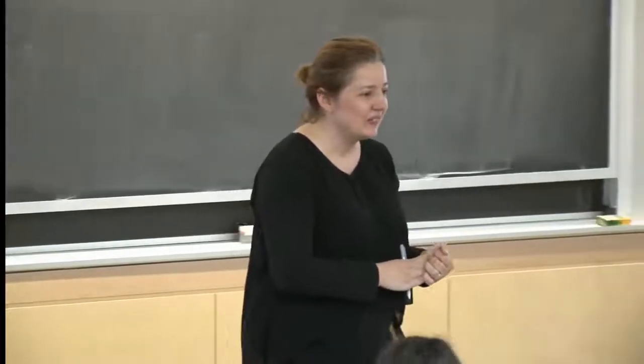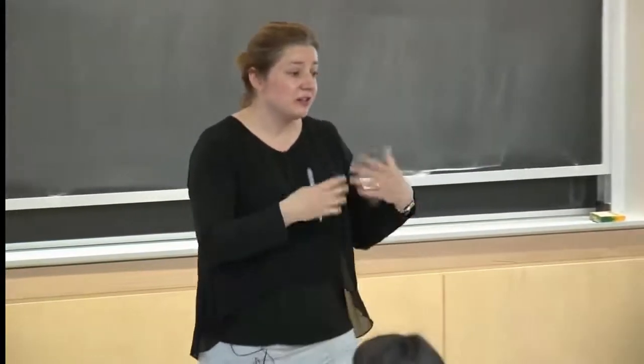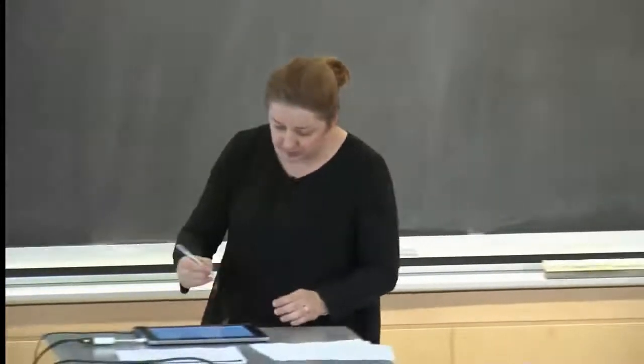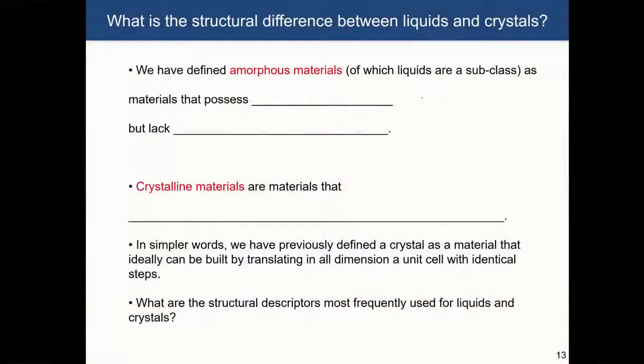Crystals have long-range order and liquids? Yes. So liquids and amorphous materials have only short range order. Amorphous materials do have short range order, but they lack the long range order. And crystalline materials possess both.